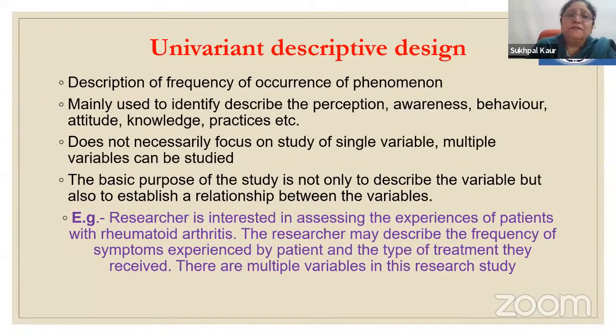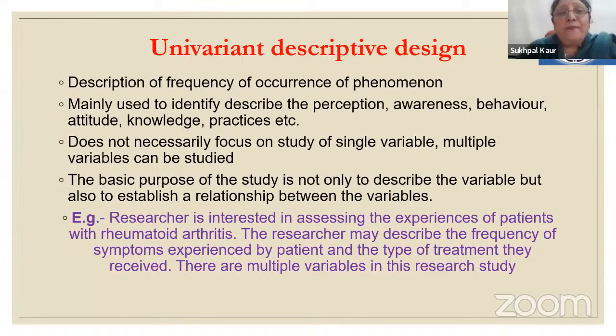As discussed, descriptive research studies can be univariate. It can be correlational studies, as already been highlighted, the types of the descriptive research designs. Now, talking about the univariate descriptive design, it includes description of frequency of occurrence of a phenomenon.